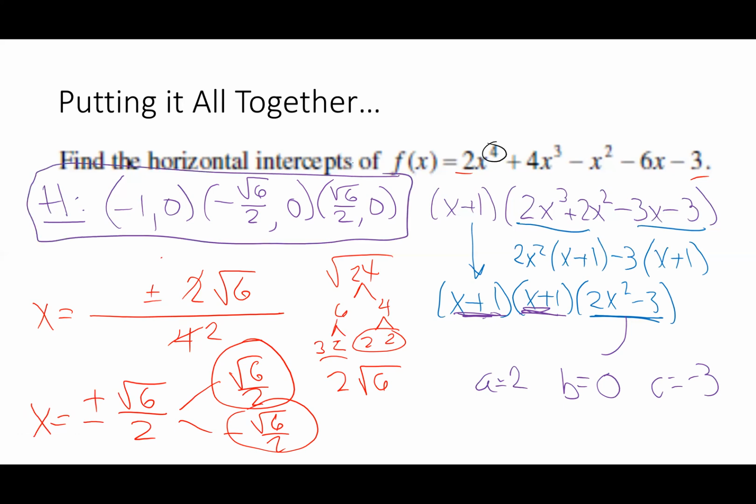If you notice, what happened in this section was I didn't give you anything. I didn't tell you anything about where a root was. I didn't tell you anything about whether or not it was a double root. I mean, we found that it was, which is cool, but it wasn't given to you. And then we just sort of found the rest of our roots using stuff that we had done in 3.2. So in this one example, we've got everything we need and more.